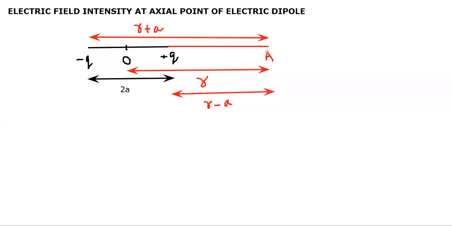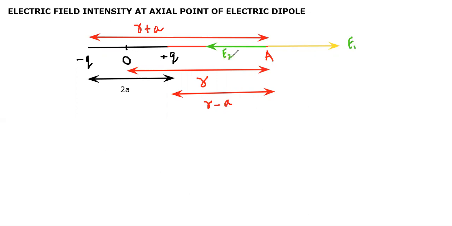Due to plus Q, electric field would be away from it at A, and due to minus charge, it would be towards minus Q. These are the properties of charges: electric field of plus charge is outwards and minus charge is inwards. So give names to these electric fields. Let one be E1 and this one be E2.